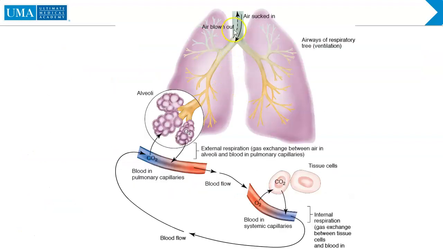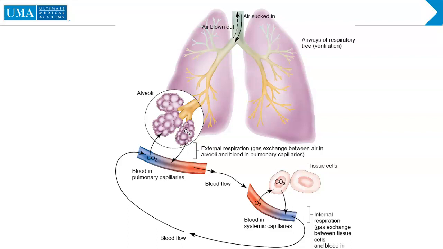All right, so here's a diagram showing the three types of respiration, starting with the external respiration, which occurs between the environment and the lungs. Up here, we see the air being sucked in, taking it into the lungs here within the alveoli. And the alveoli, as we will learn later on, is composed of capillaries.